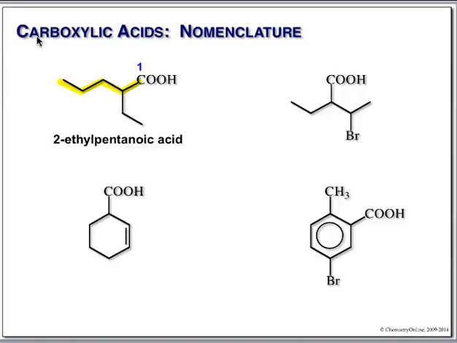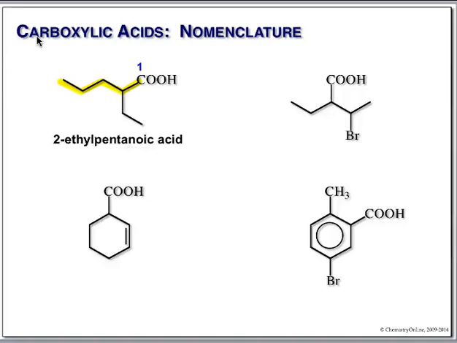So you don't have a dash between the ethyl and the pentanoic acid, but pentanoic and acid are 2 words. Now, the ethyl pentanoic. If you had 2-ethyl pentane, it would all be 1 word, right? I'm getting confused. You see, you can never forget organic 1.